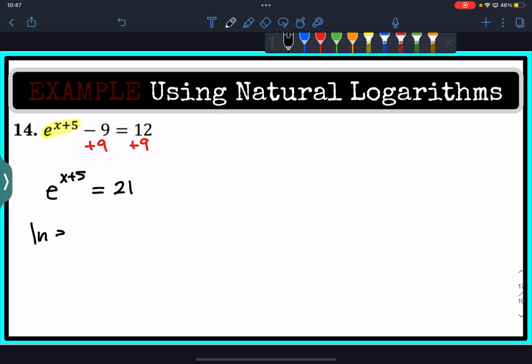Taking the natural log of both sides, this, remember, is going to become 1. So since this is going to be pulled to the front, and again the blue part is 1, we end up with x plus 5 times 1, which is just simply x plus 5. And on the right side, we have the natural log of 21.